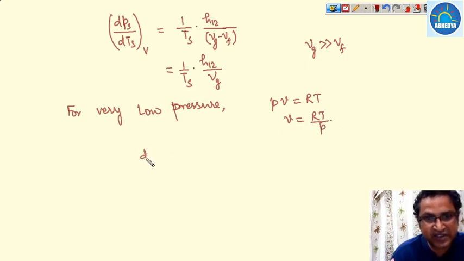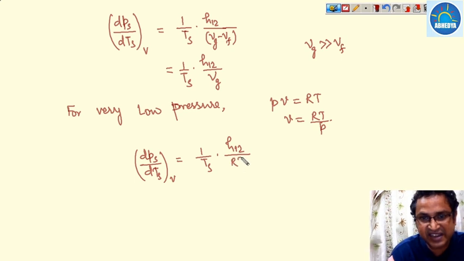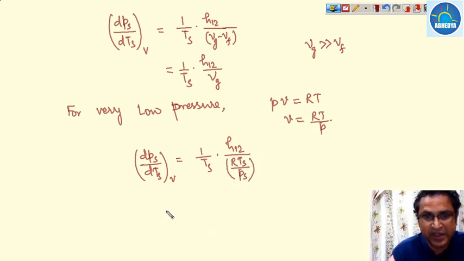So the above equation, dPs over dTs at constant volume, can be written as 1 by Ts into H12, and this Vg can be written as RTs over Ps, for the saturation temperature and saturation pressure. So dPs over Ps is nothing but H12 by R into dTs by Ts square.